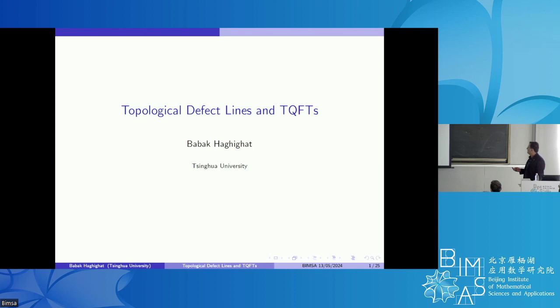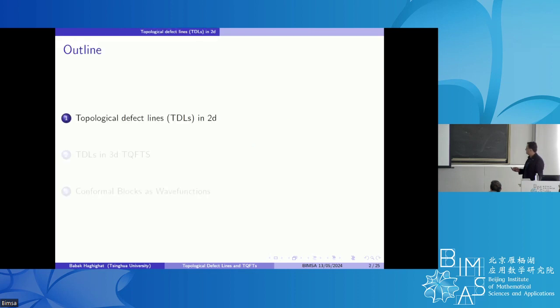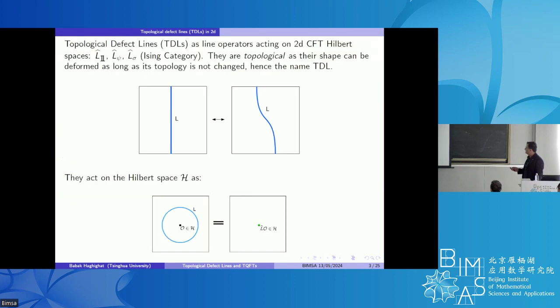So let me begin with a couple of pictures about topological defect lines in 2 dimensions. What do I mean by this? Here you see a couple of pictures. So there is a line in 2 dimensions. That's as much as I promised, right?